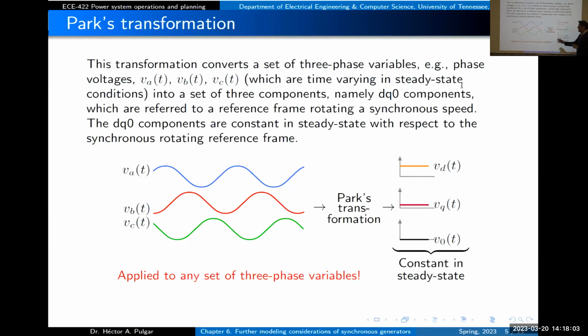For completeness, in this Park transformation, we do have to add the zero sequence. But here is the easy part that we are considering in this class. We're not assuming imbalance. Because the operation is balanced, the zero sequence will not show up in our description. In a general model, yes, we need to include it. But for this course, it will always be zero, so there is no imbalance.